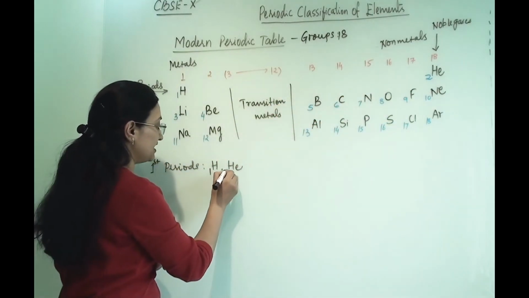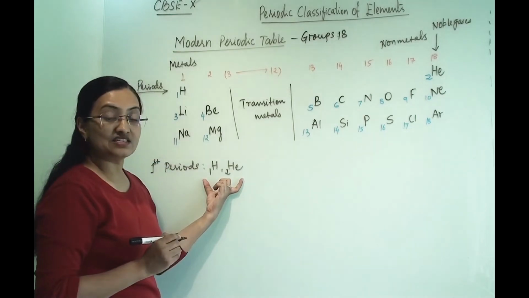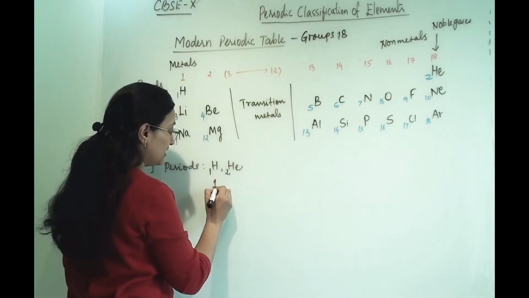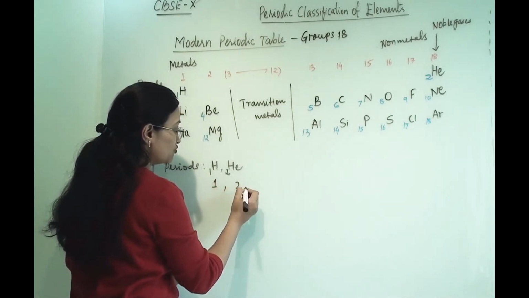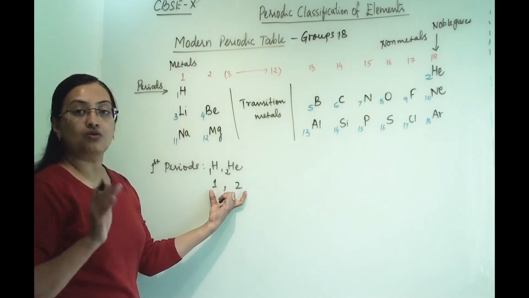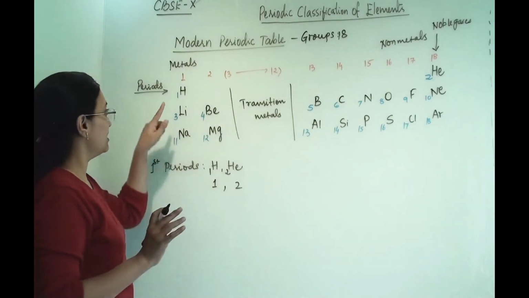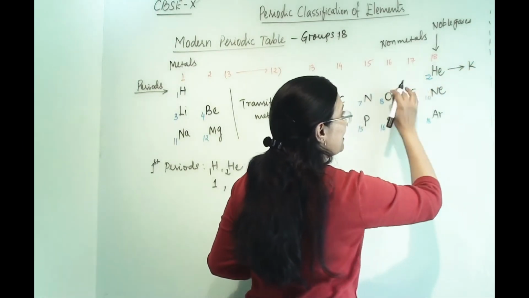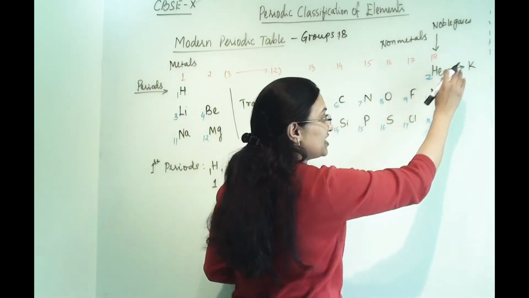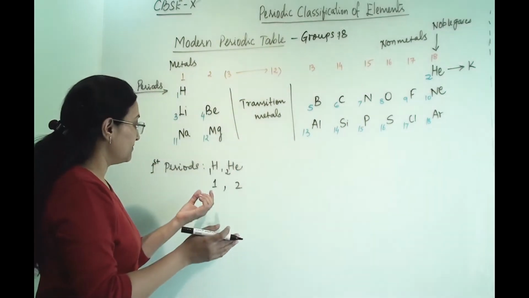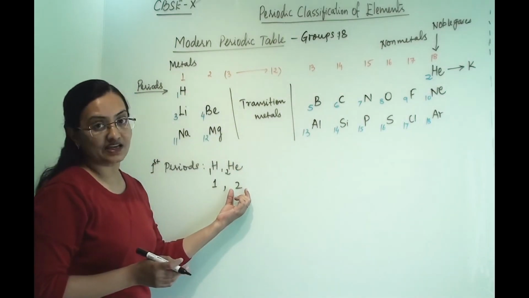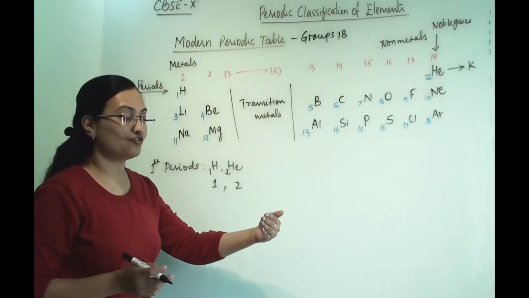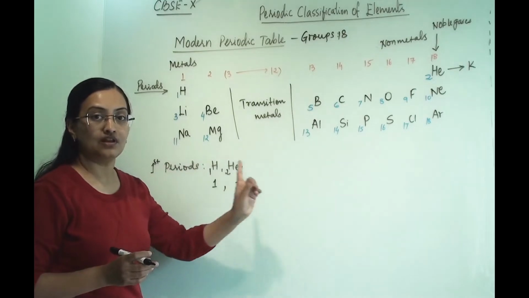In electronic configuration, hydrogen is 1 and helium is 2. So the first period is all about the K shell, and when this period ends, the K shell is completely filled: one electron and then a second electron. So the number of electrons increases as we go from left to right.